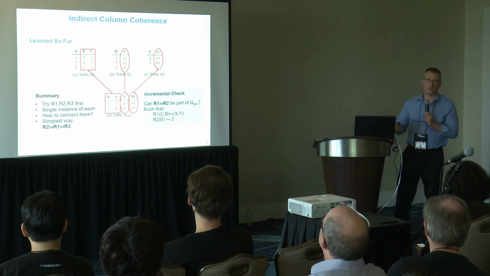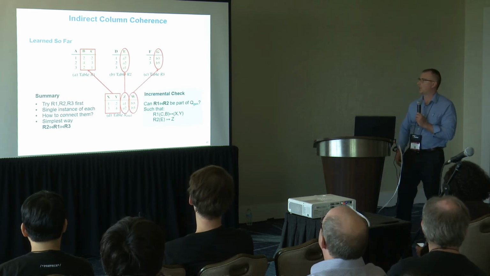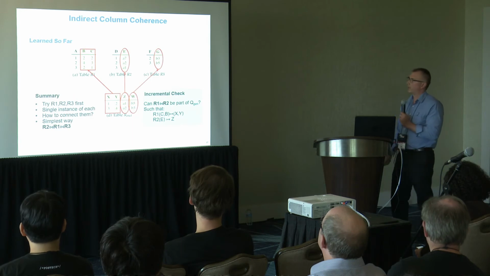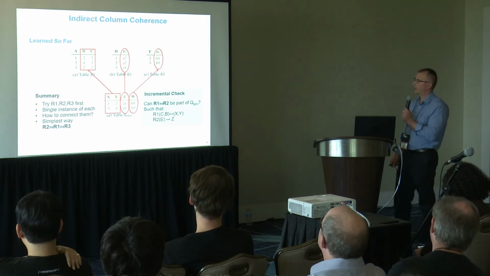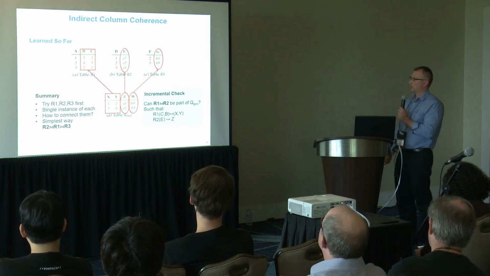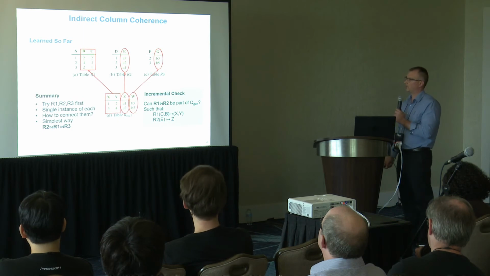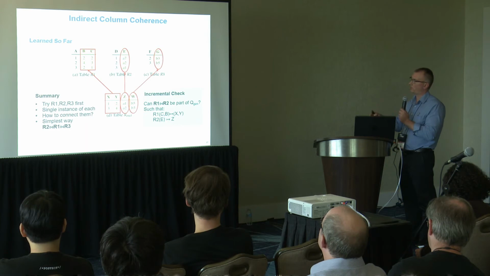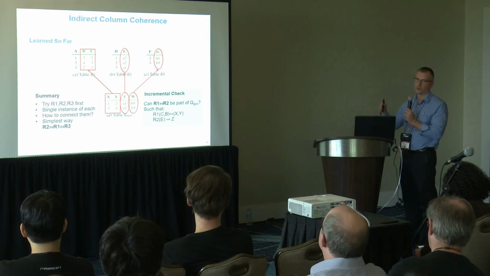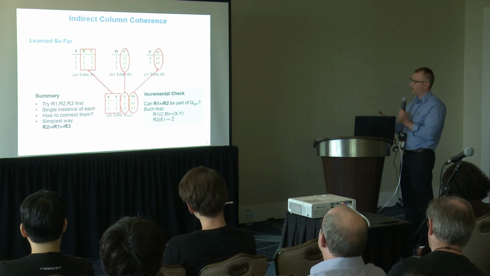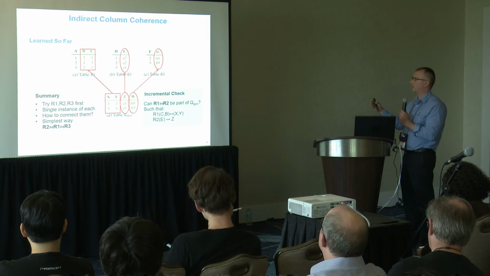So this logic can amazingly be enhanced even further. Now I will describe a technique called indirect column coherence. So far, our technique tells us that it looks like all 3 tables are involved in generating table R_out. We just need to figure out how to join them. But before doing the complete join, we will do things incrementally.